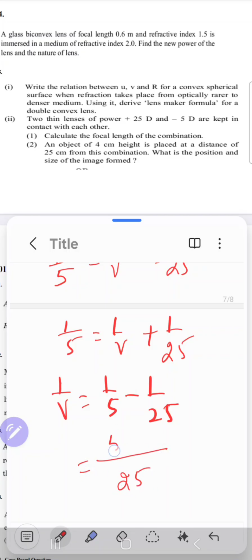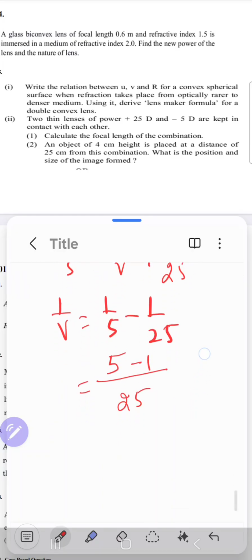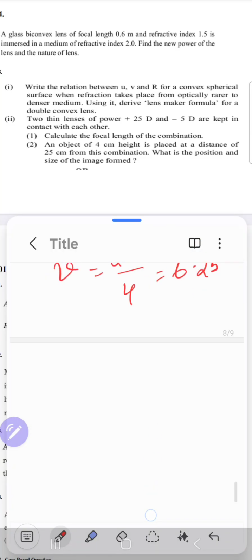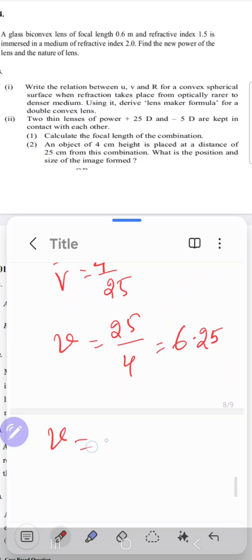Here you would get 5 minus 1. So 1 over V is 4 over 25, or V here would be 25 by 4, and V value is 6.25. So this is the position of the image.